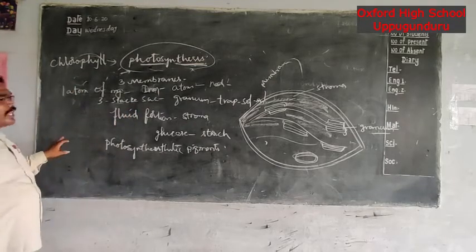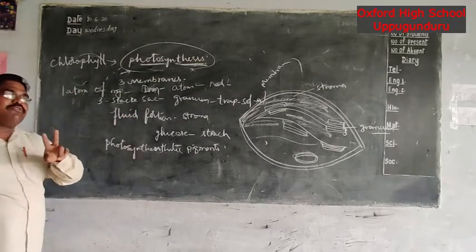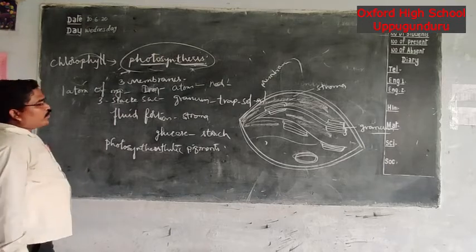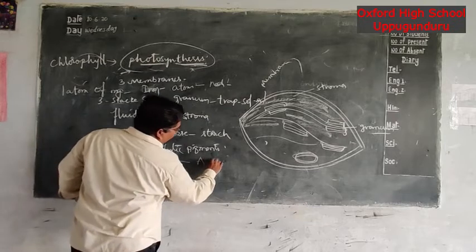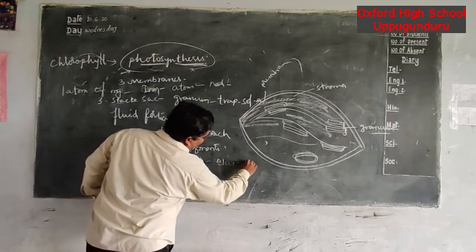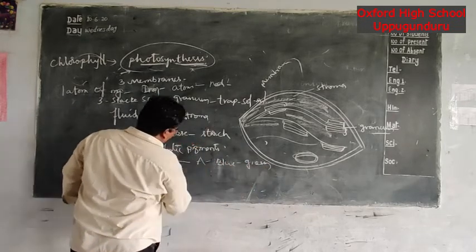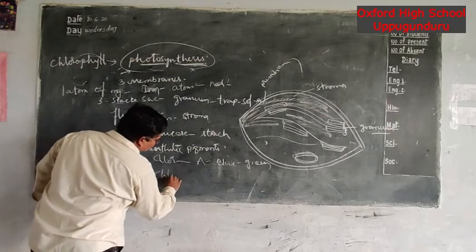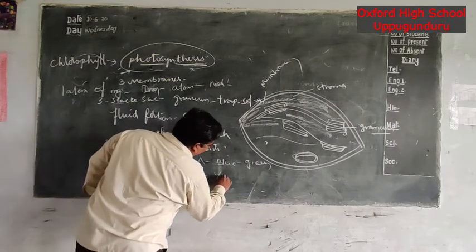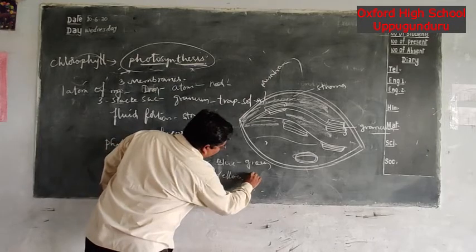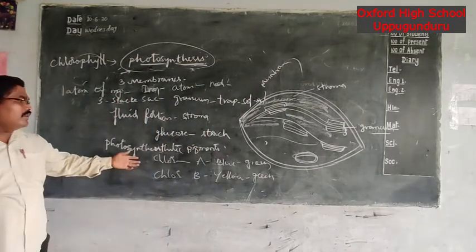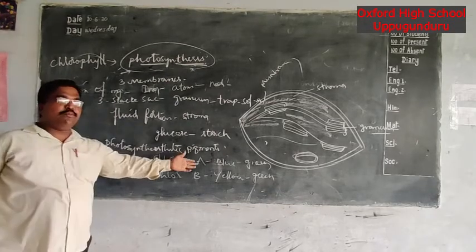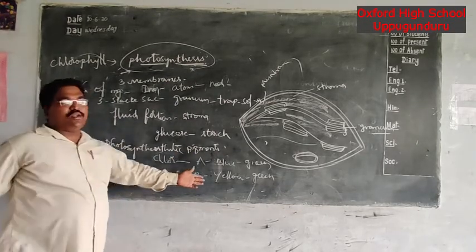There are two types of major chlorophyll. One is chlorophyll A, which is blue green in color, and another one is chlorophyll B, yellow green in color.